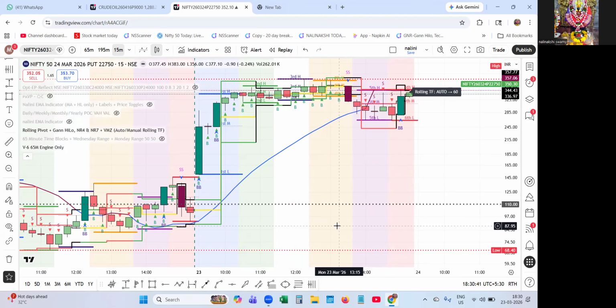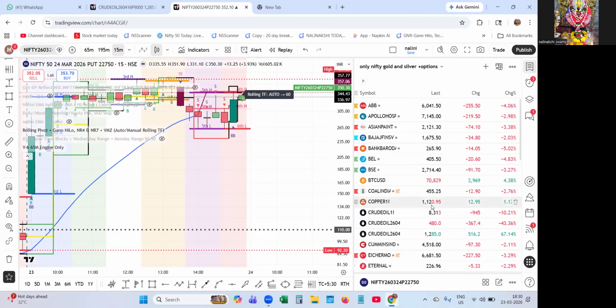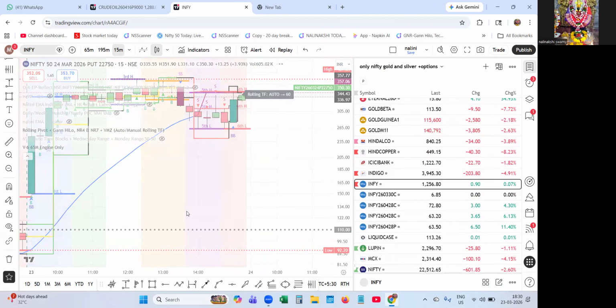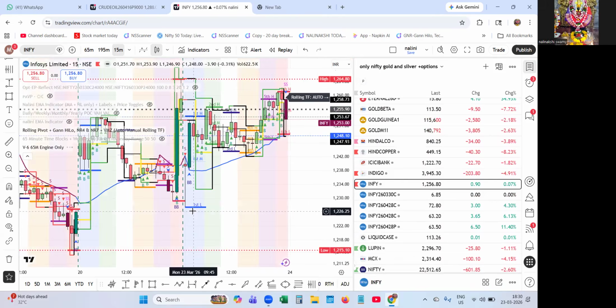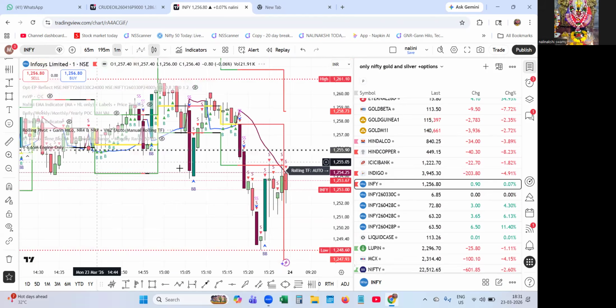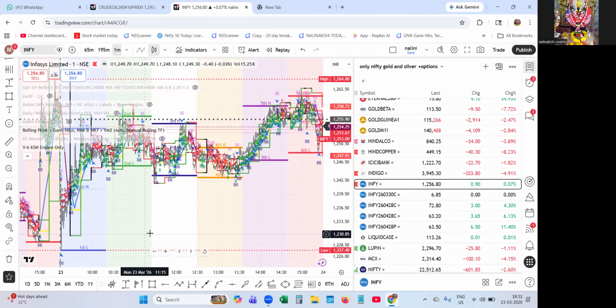For example, let us check any other stock which is bullish or bearish also. Let me take you to the Infosys itself. Just for an example, I'm taking the Infosys, and let us check. Let us go to 1 minute time frame.